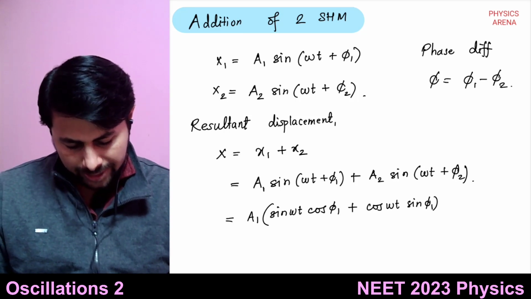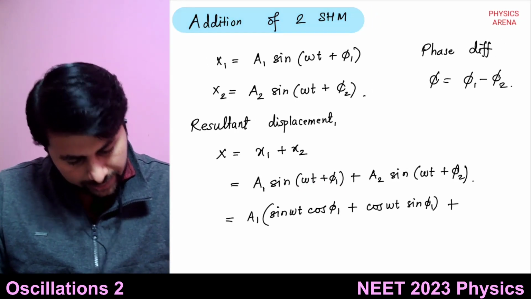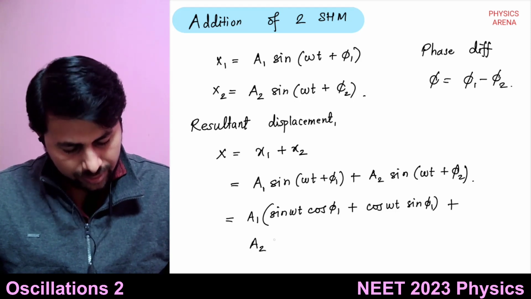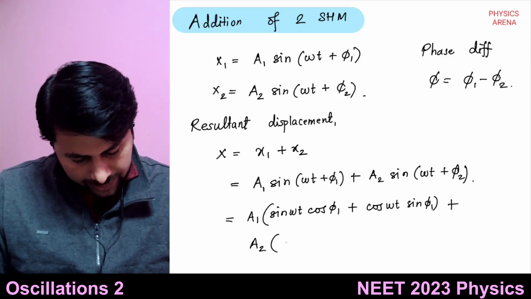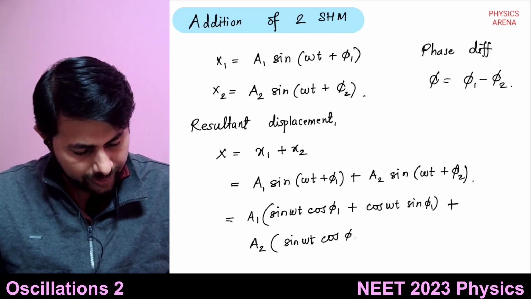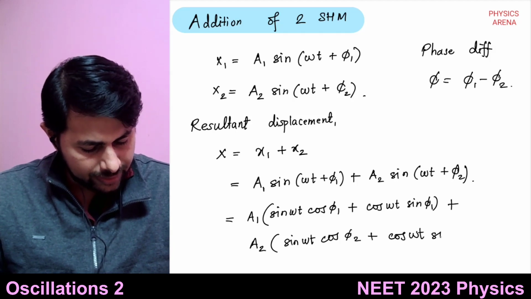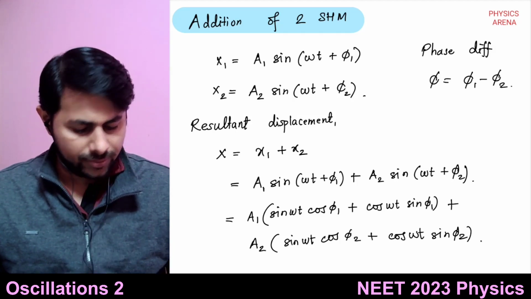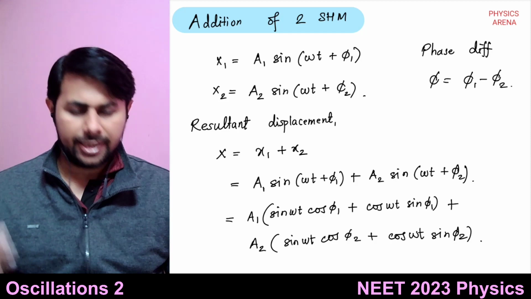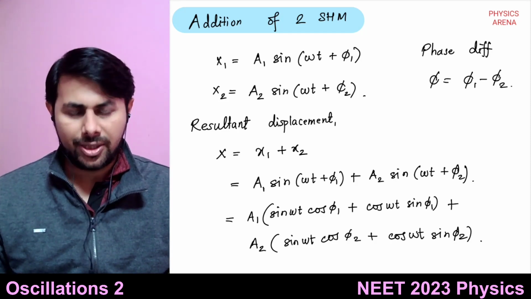This is the expansion of the first term. Then plus we have a2 multiplied by sine omega t cos of phi 2 plus cos omega t sine of phi 2. This is just the expansion of sine of a plus b: sine a cos b plus cos a sine b, right?